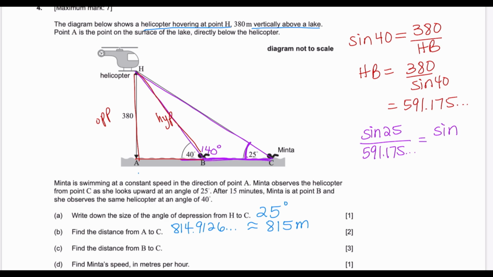The entire triangle that I have in purple has 3 angles that add up to 180. So if I do 180 minus 140 minus 25, I know that the very top angle right here is going to be 15 degrees. So I would say as the sine of 15 degrees is to BC.